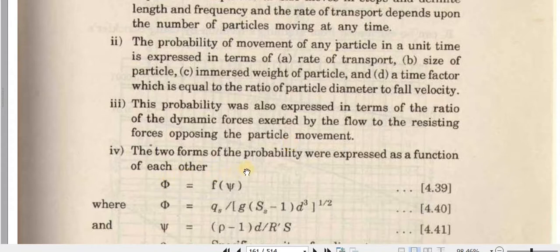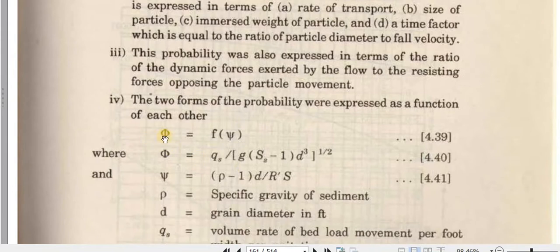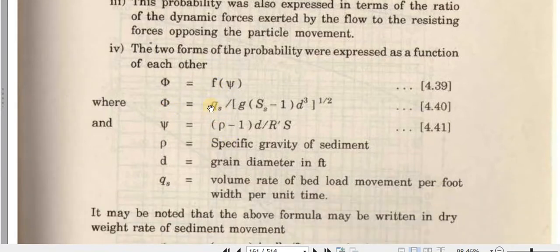The two probabilities are expressed as probability 1, function 1 and function 2. These are related with the function, and probability 1 is also equal to this equation. Here Qs is the volume rate of bed load movement per foot width per unit time. I mean to say kg per foot per second.